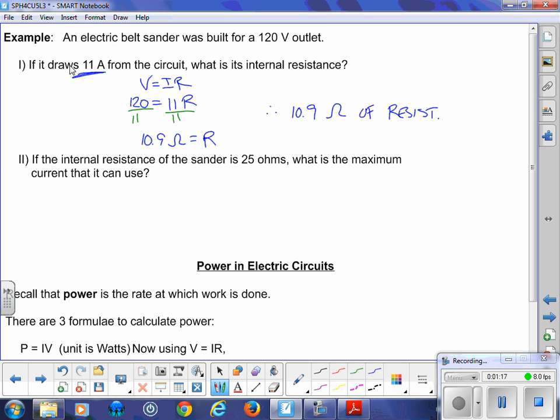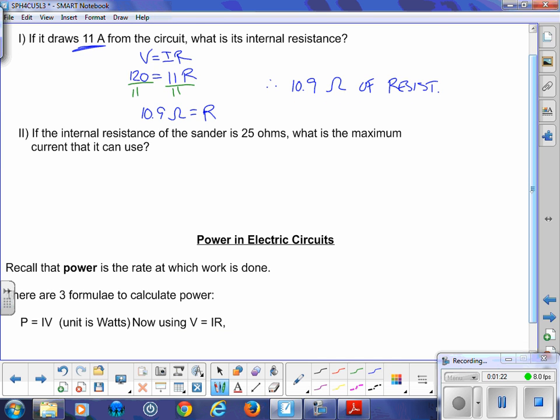All right, now what happens if you upgrade and use the heavy duty sander? All this information is on the plate of the piece of equipment. You just never look at it. If we go to a heavy duty sander, because we were at 10.9 ohms, now this one has a motor that creates a resistance of 25 ohms.